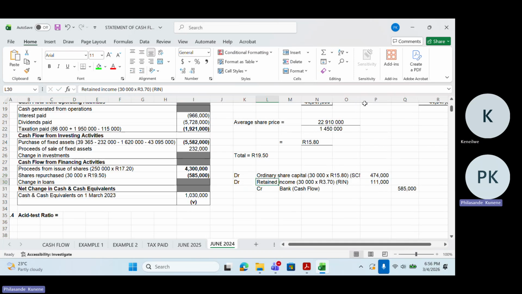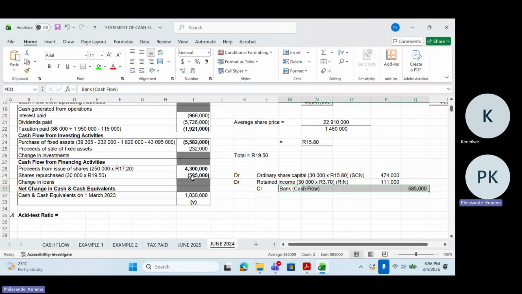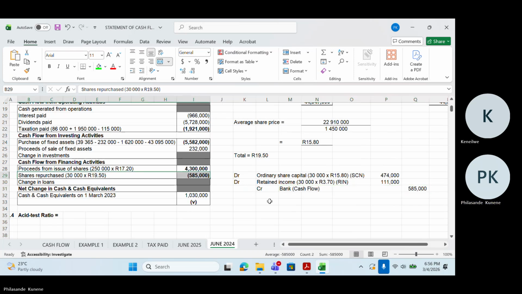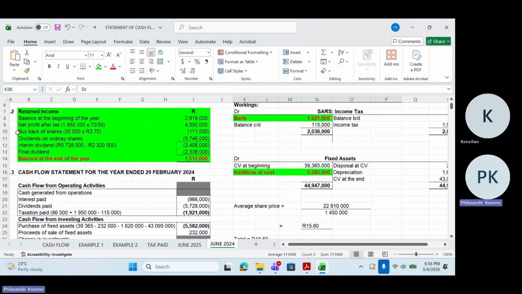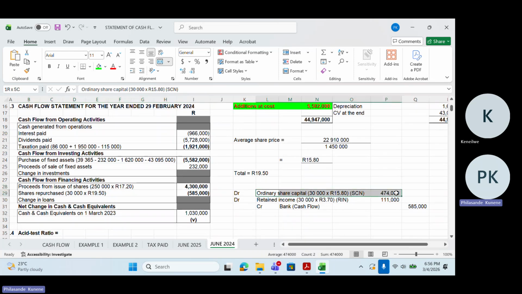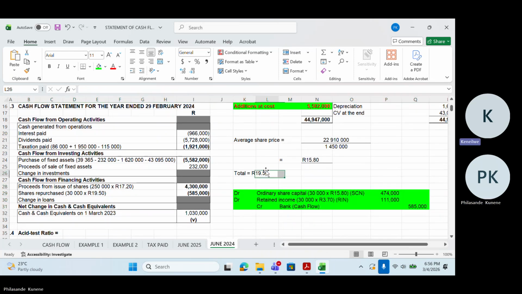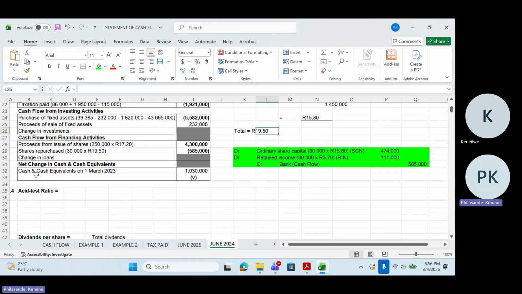This is how we deal with these two amounts. On the cash flow statement, do we have 585? Yes, it's there. And retained income, we have 111,000 rand, which is correct. When I do my share capital note, I'm going to have 474. Are you happy with our journal entry? Okay, perfect. Now let's go to the next one.